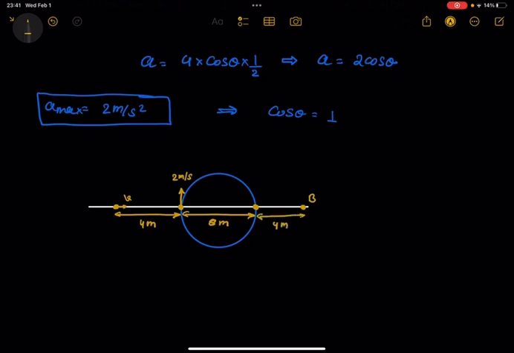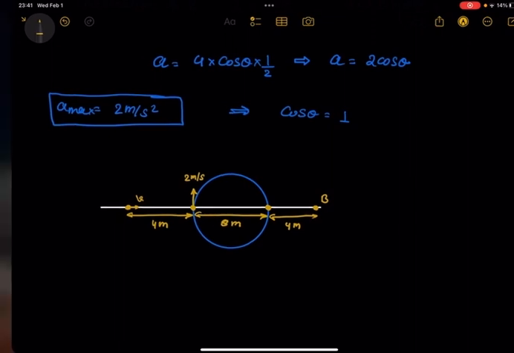So now you can say simply, if you want to see the distance, 8 plus 4 is 12, plus 4 is 16, and this is one side.